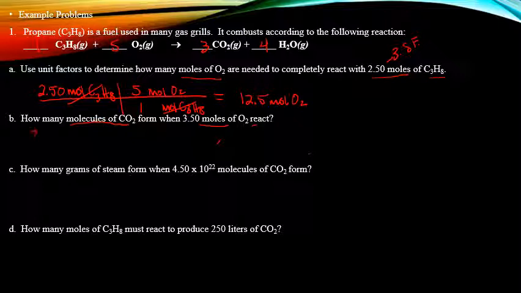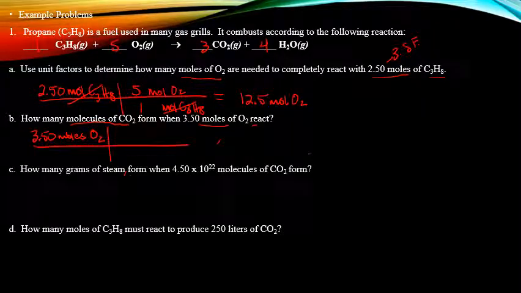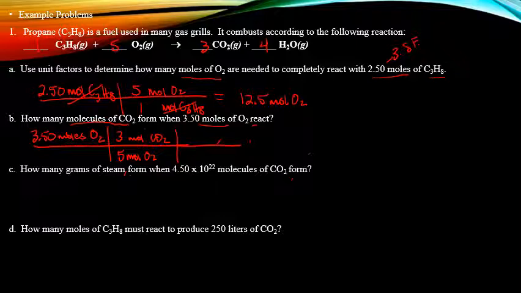So I'm going to begin with the 3.50 moles of oxygen. And from my chemical equation, I know that for every 5 moles of oxygen, there are 3 moles of CO2 that are produced. And my conversion from moles to molecules, 1 mole of CO2 would be 6.02 times 10 to the 23rd molecules of CO2.